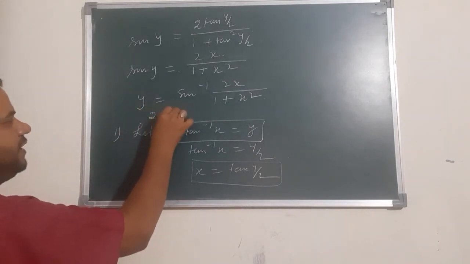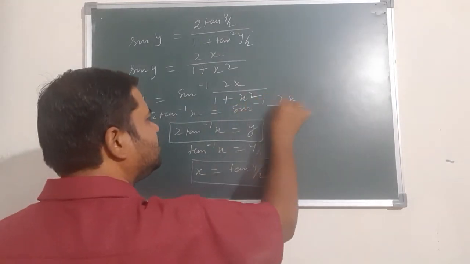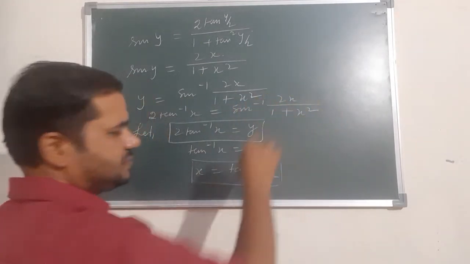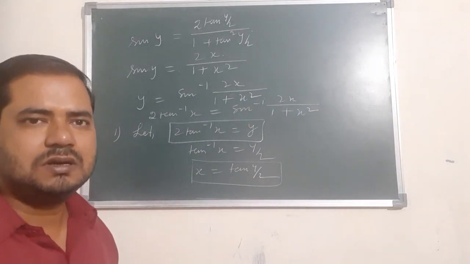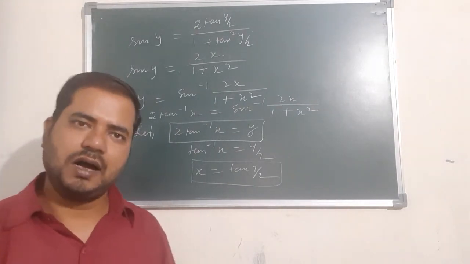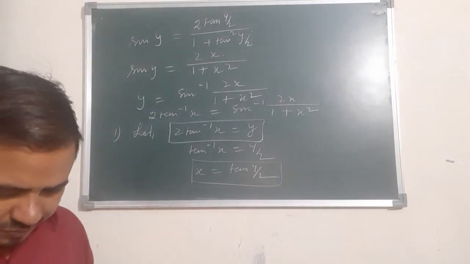So 2 tan inverse x is nothing but sin inverse of 2x upon 1 plus x square. Clear? So I hope you understand this one. Similarly, you can prove the other two. Okay, this is also given in the book.